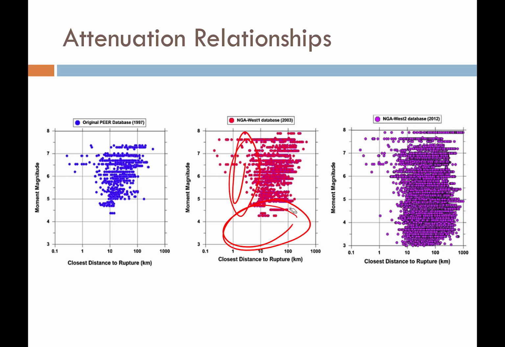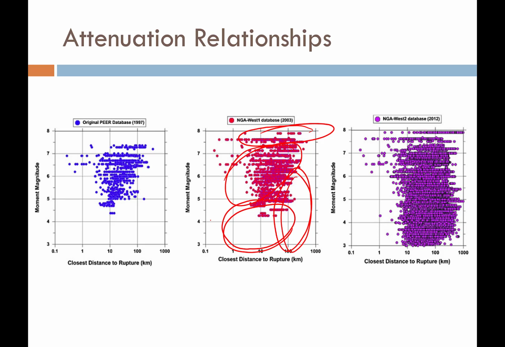So NGA West 2 gave us a beautiful gift in terms of smaller moment magnitudes at farther distances, smaller moment magnitudes at shorter distances, very large moment magnitudes at large distances, and then it filled in a few of these gaps in some of the moderate earthquakes as well. So yeah, it was definitely warranted.